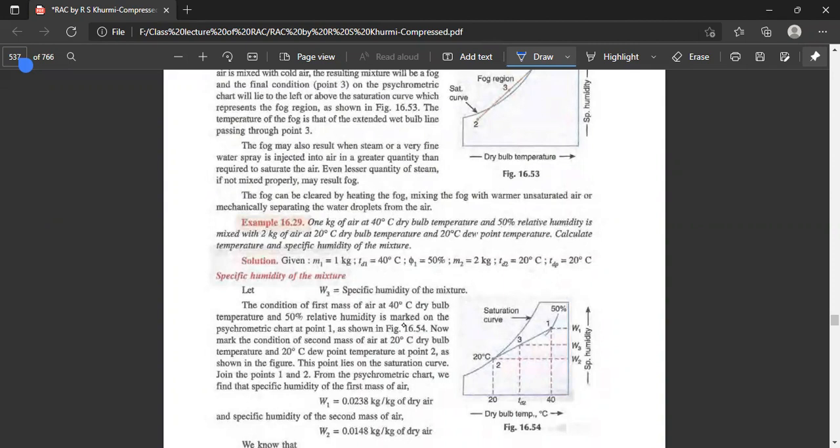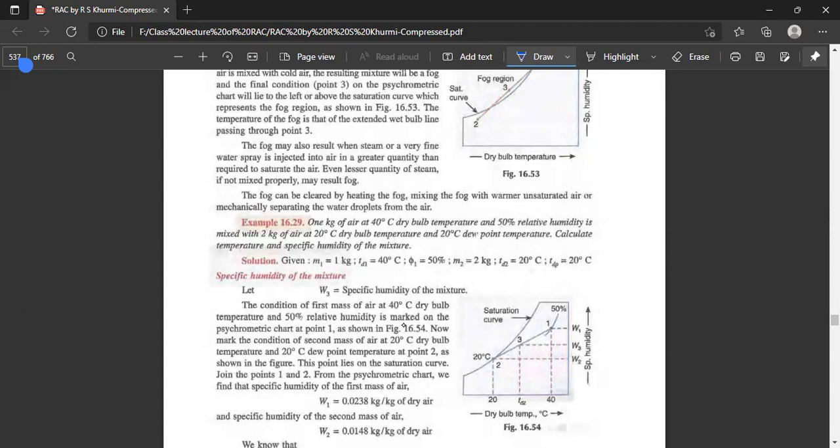Calculate the temperature and specific humidity of the mixture.